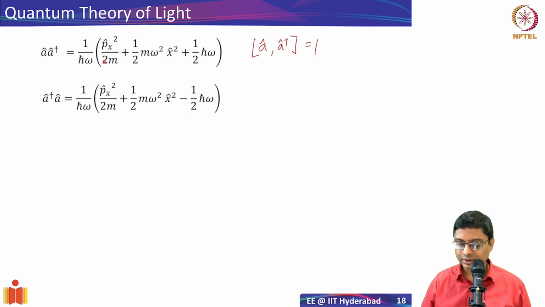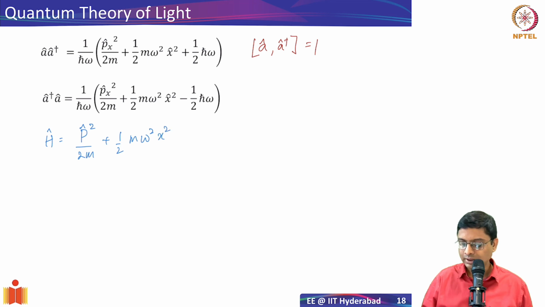So I will rearrange it and write in terms of the Hamiltonian H. Hamiltonian H is going to be equal to P square by 2m plus half m omega square x square, and that is also going to be equal to h cross omega A dagger A minus half h cross omega.